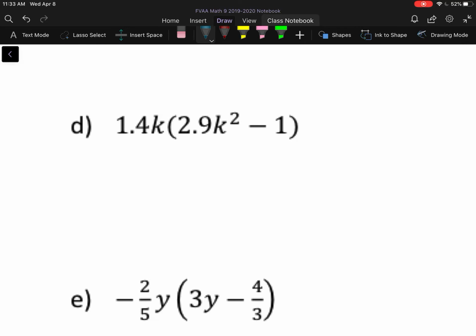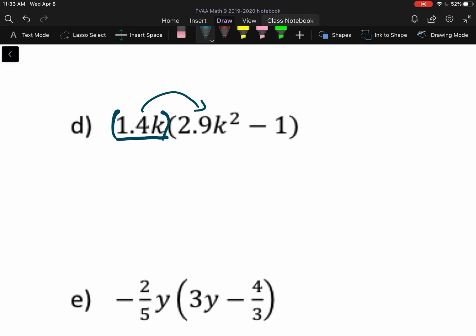Oftentimes the monomial will be written without brackets, okay? But it's the same thing because they're next to each other. You're assuming that there's brackets between the monomial and the polynomial, and then you're just distributing to both terms.